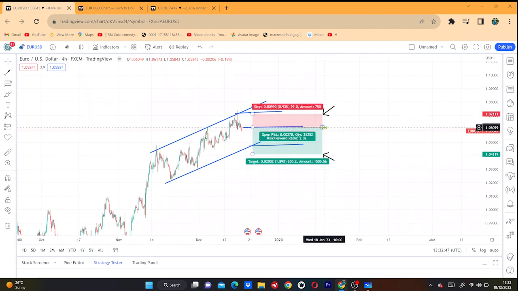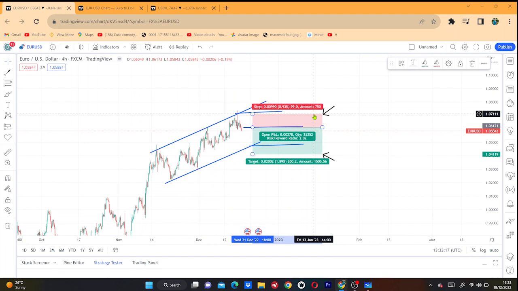As I move my cursor, you can see that is 1.0. Let me just write it over here so that I cannot forget. I want us to do that one to see how much money we can be making. So that is the 1.0 entry, and the stop loss will be 1.07111.